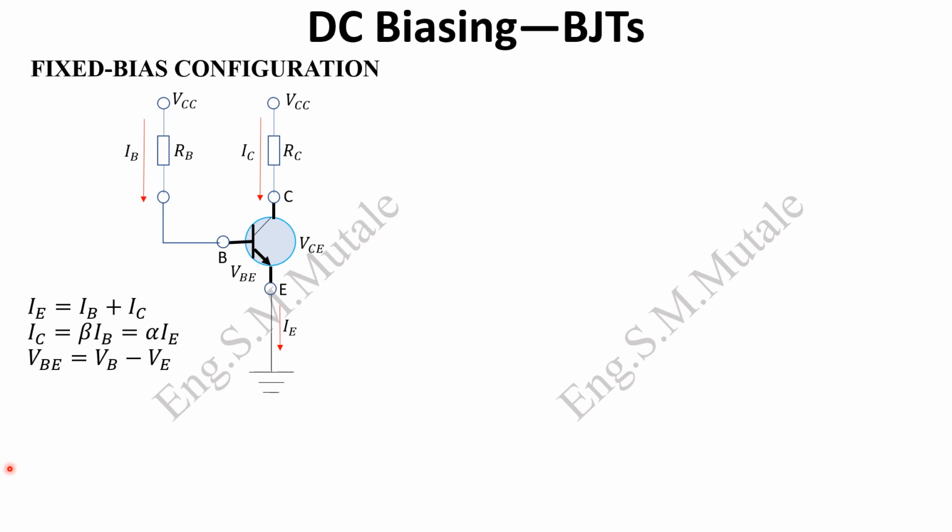VBE is the difference between the base voltage VB minus the emitter voltage VE. VCE is the same thing: the difference between the collector voltage minus the emitter voltage.